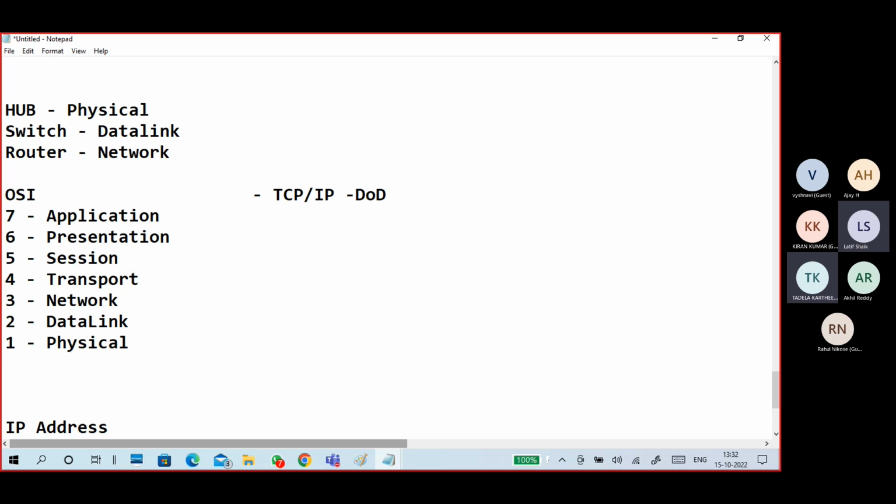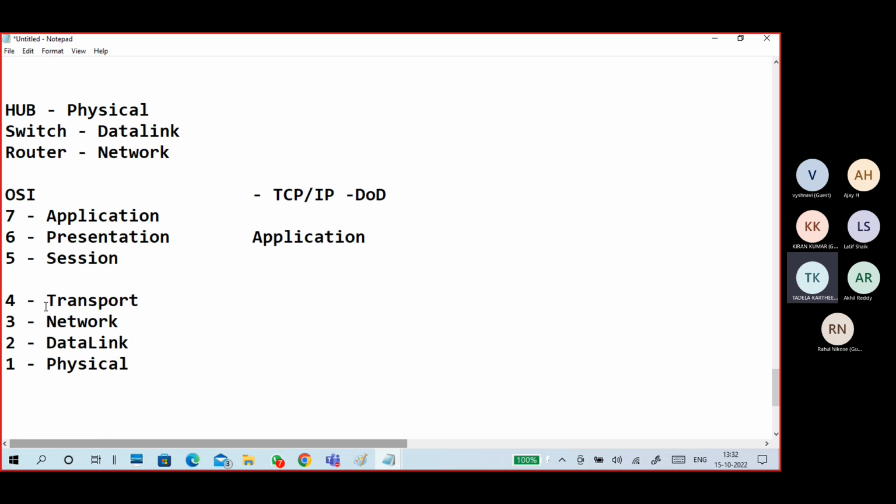Application layer, presentation layer, session layer, these combined are the application layer. Transport duty is transport only.